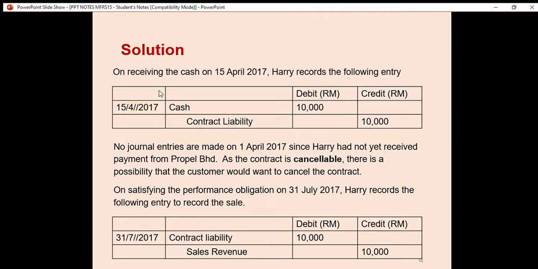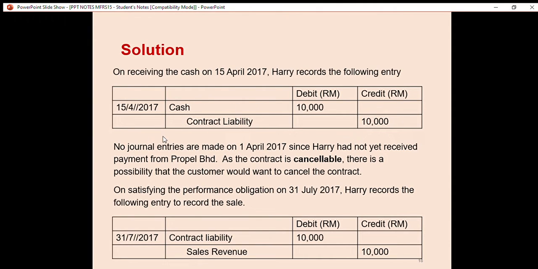So on 15 April, we debit cash 10,000 and credit contract liability 10,000. Why contract liability? Because the performance obligation has not been satisfied, or the goods have not been delivered to the customer. That's why there's a contract liability here.